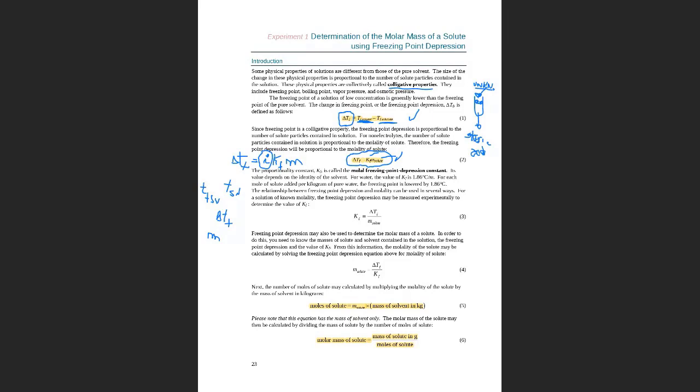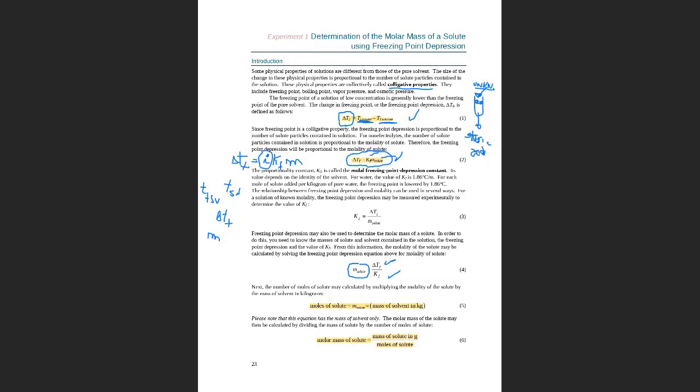This is what takes more time: extracting both freezing points, and then you calculate the delta TF. Once you have that, it's two more calculations. The K is given, so you have the delta TF, you have the constant, and you calculate the molality of the solute.